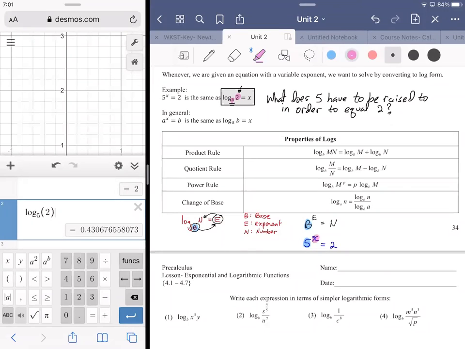The x is occupying the position of the e, and the 2 is occupying the position of the n. So in log form, we could write this as log base 5 of 2 is equal to x.